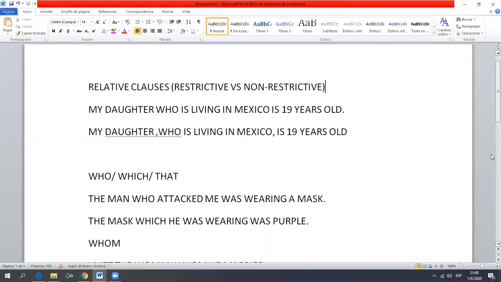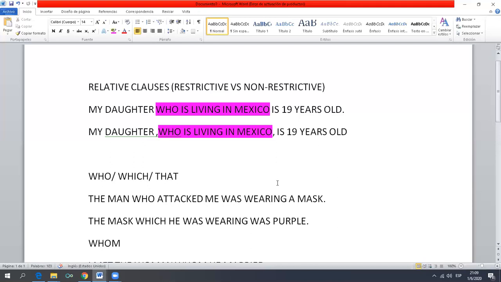In both sentences, we have relative clauses, let me tell you. Who is living in Mexico is a relative clause, and who is living in Mexico is a relative clause. But the difference is, the first one is a defining relative clause or restrictive relative clause. What does it mean? It means that in this particular case, I need the information in this clause in order to know who I'm talking about.